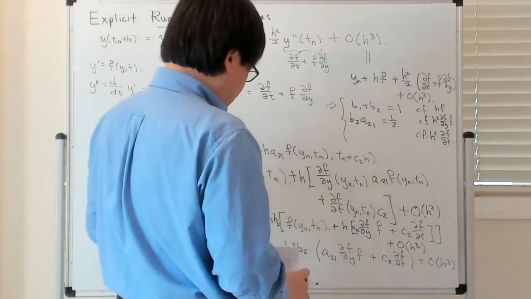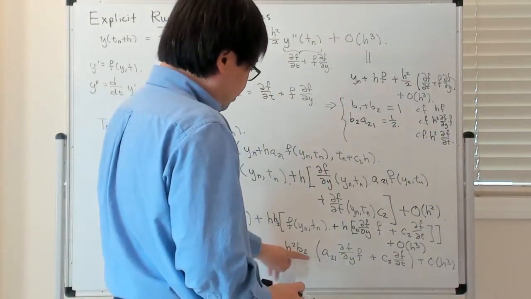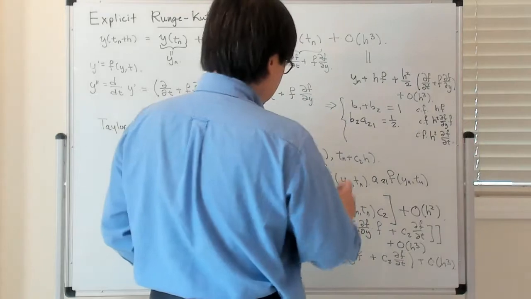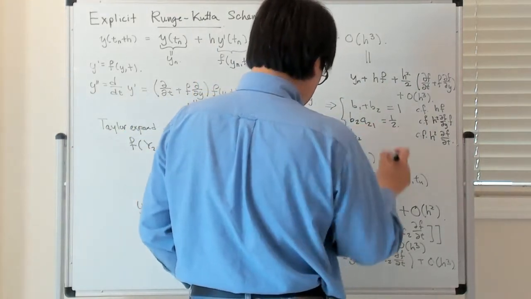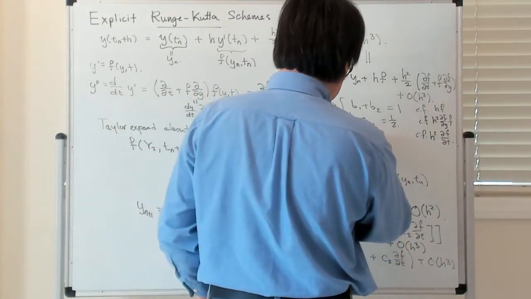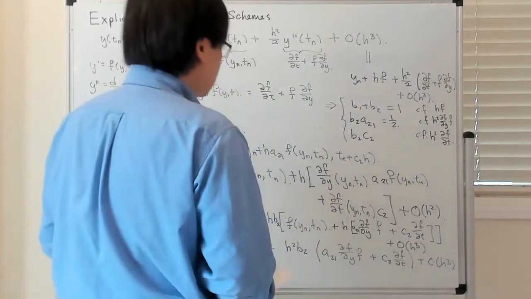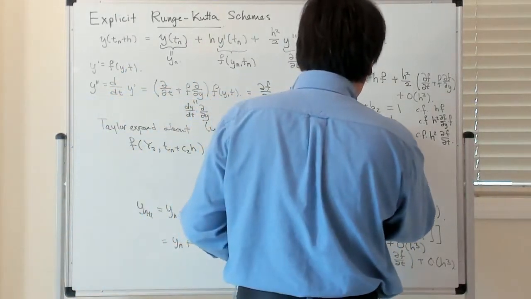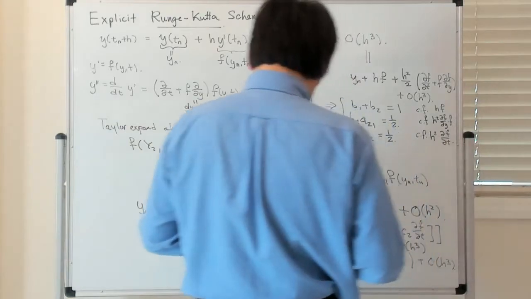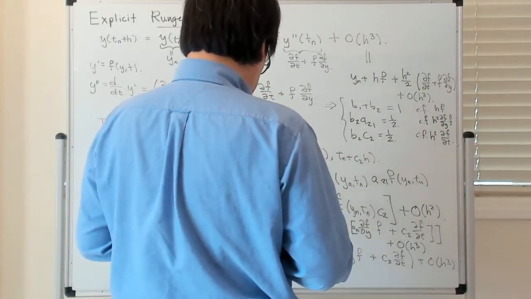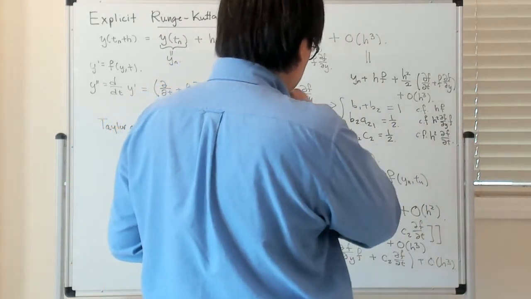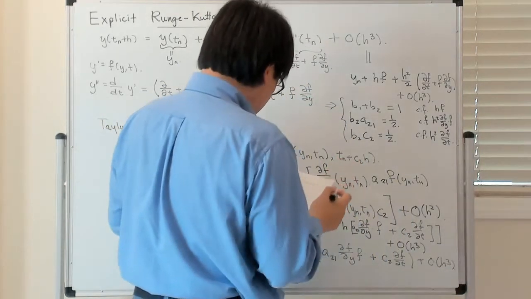Okay, and there's a b2 c2 term here, right? That's a b2 c2 term. That is also equal to 1/2. Okay. So, all right. So what does that tell you?